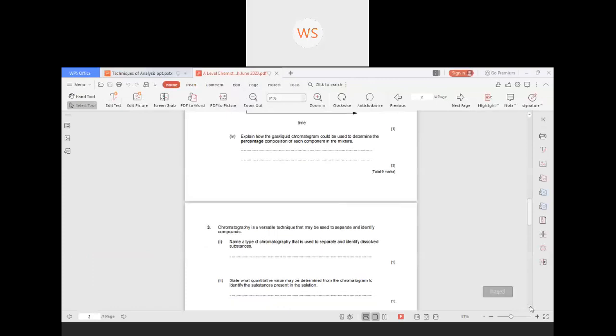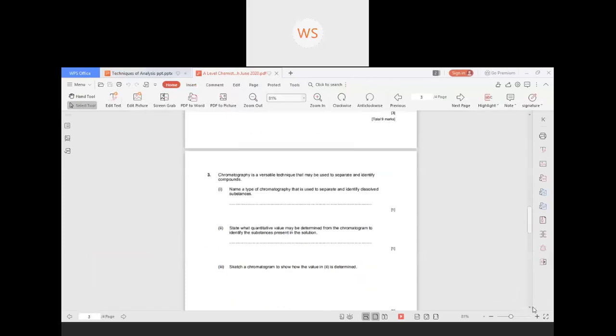And then this one: chromatography is a versatile technique that may be used to separate and identify compounds. Name a chromatography to identify the dissolved substance. HPLC, paper chromatography, thin layer chromatography, TLC. GLC cannot, because the substance must be volatile, and this is dissolved.